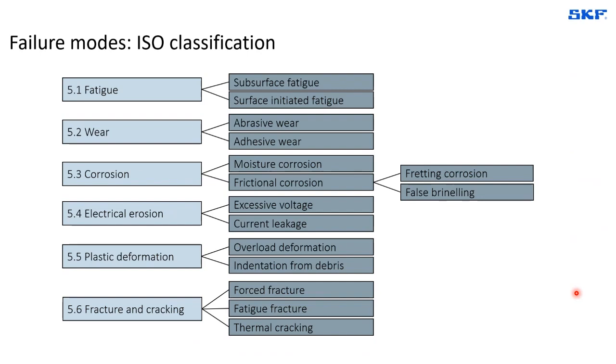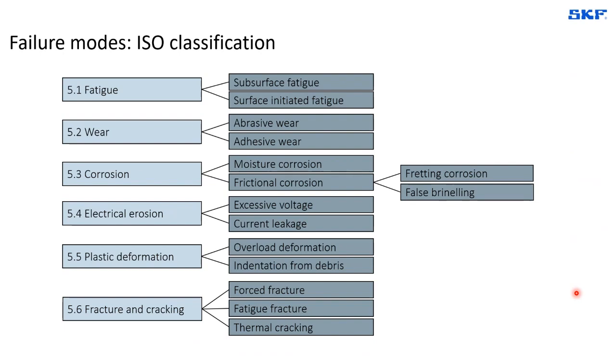That means that, for example, transportation, storage, and some other failures that might develop before the bearing starts operation are not mentioned there, even though in some cases they look very similar or even exactly the same as failures that can happen in operation. The ISO classification will help us to choose, I would say not to understand, but to choose the correct failure mode that we are going to use in our reports when we do a bearing investigation.